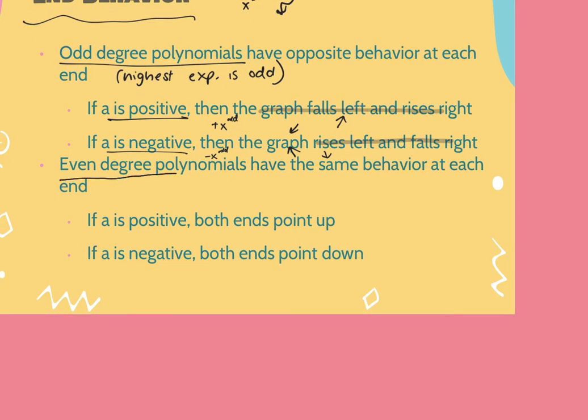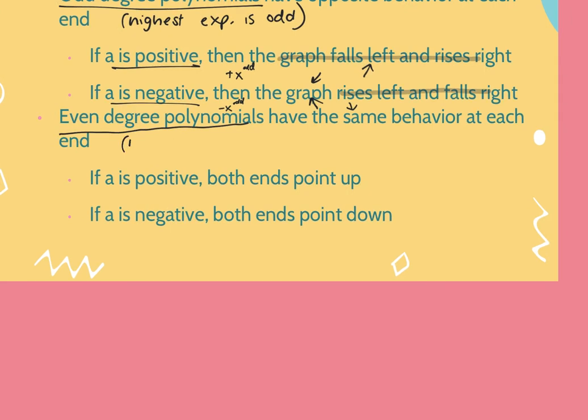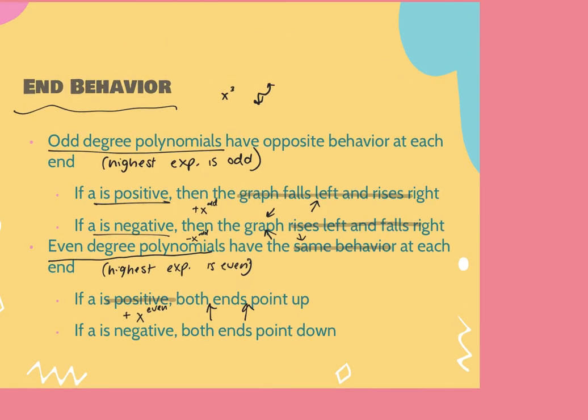If the degree is even, so the highest exponent is even, then they have the same behavior. They either both point up or they both point down. If it's even and a is positive, so this is a positive x to the even power, then they both point up just like a natural parabola would.